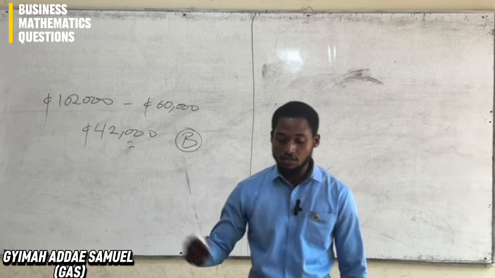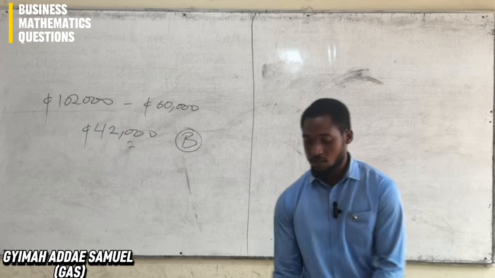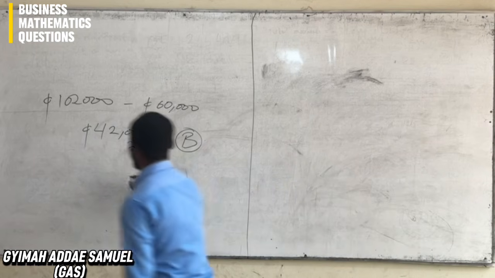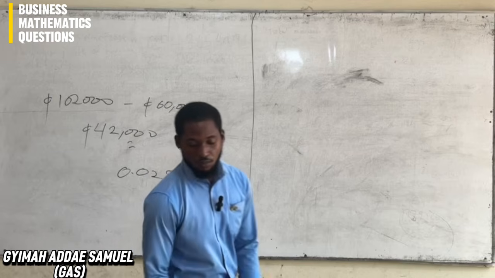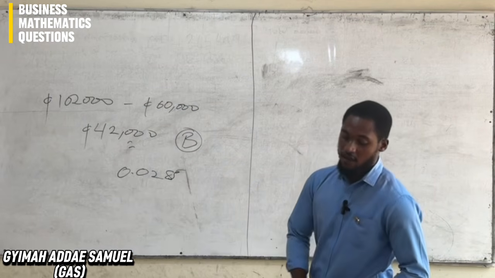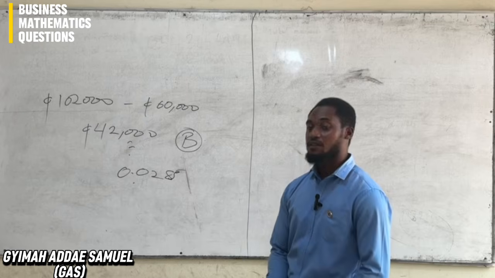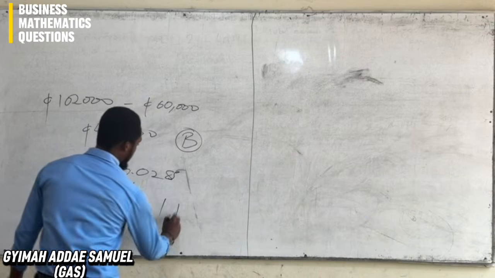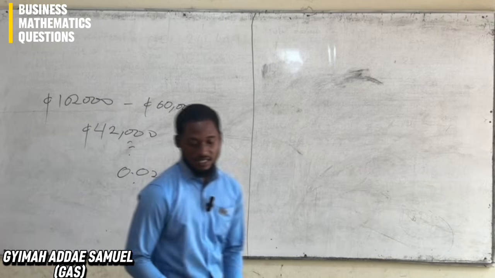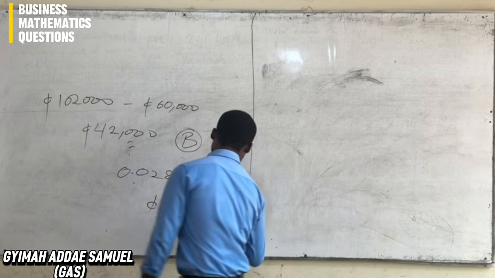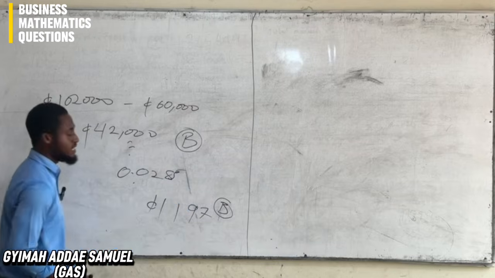So we multiply our override rate, 0.0285, by the 42,000, and we are getting 1,197 Ghana cedis, and it makes the answer for question 5 also B.